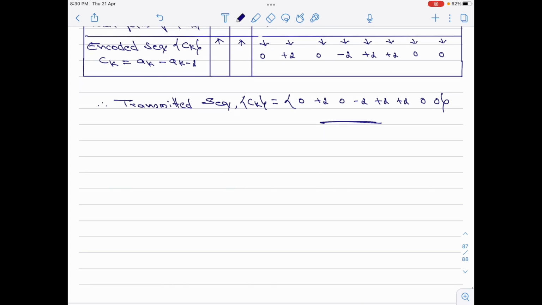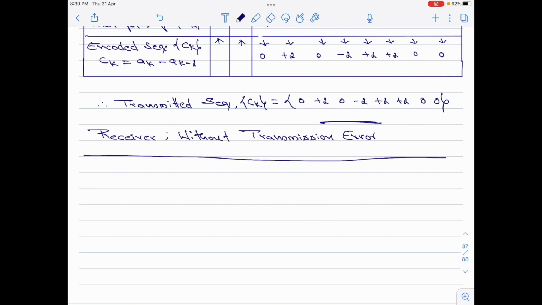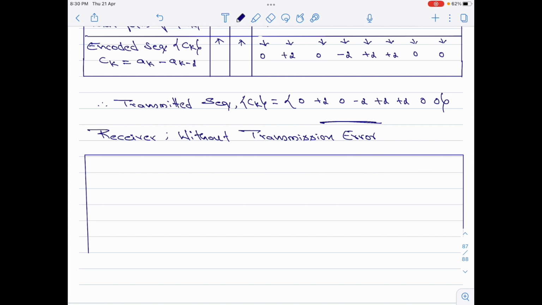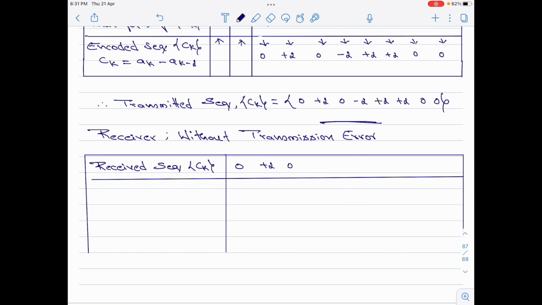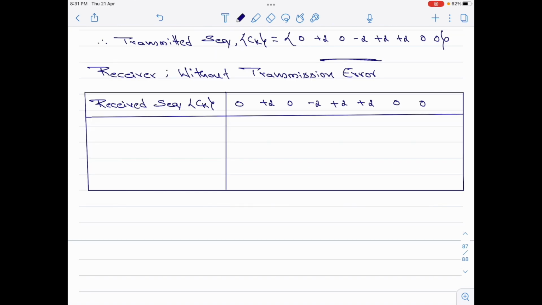Let us now move on to the receiver part without error. I am going to construct a table once again. I will write the received sequence here. Right. Now, please note, when a precoder is attached, we will not be doing any computations for decoding the binary sequence.